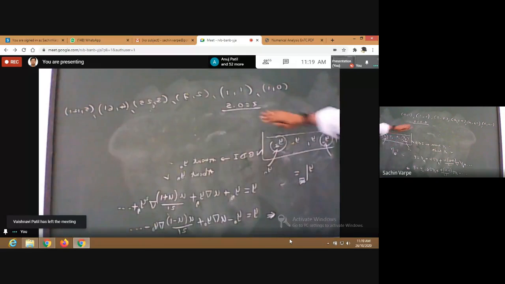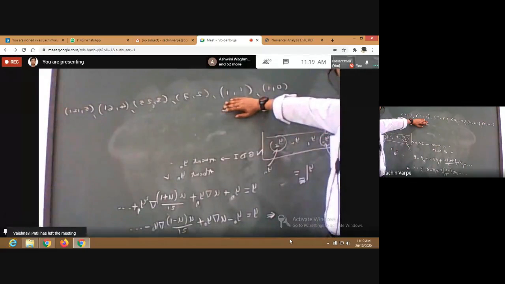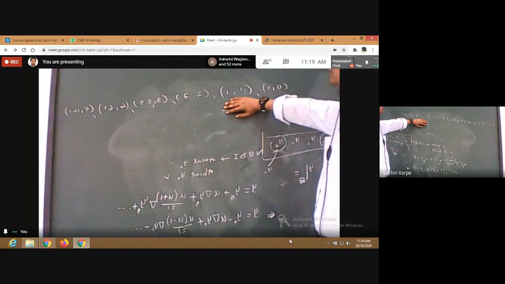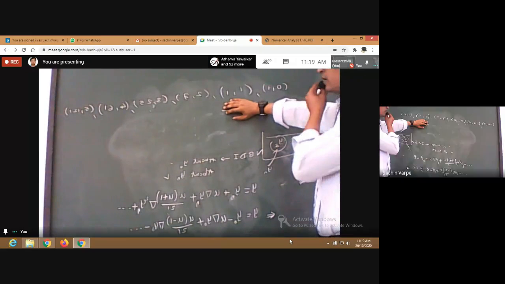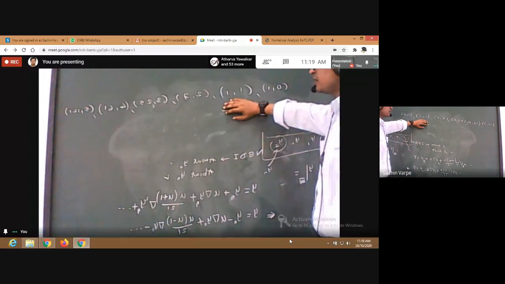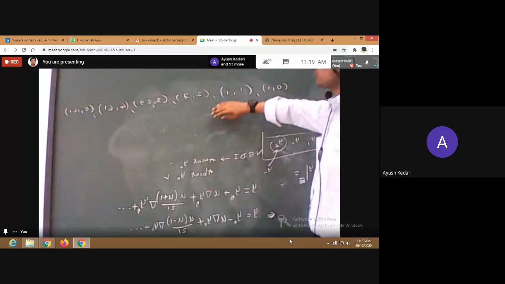First of all, if this value is not given, which formula should be used? Sir, if that value is not given, we can do either forward or backward.